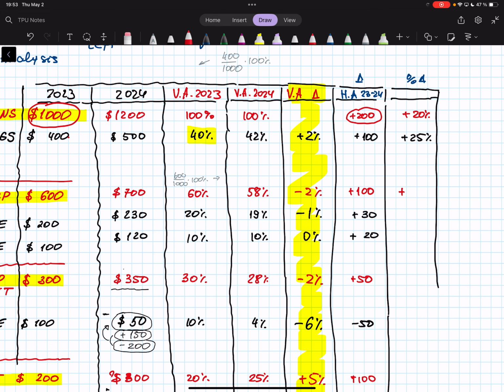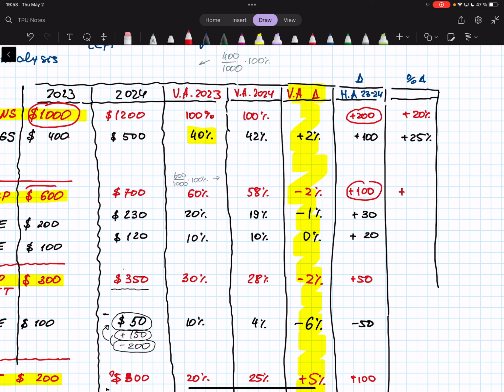We need a calculator. It will be 16% or 17%. How much is it? 100 by 600. I need the formula. 100 divided by 600.